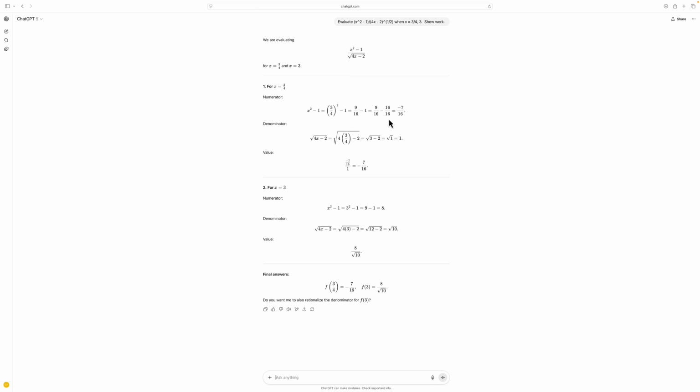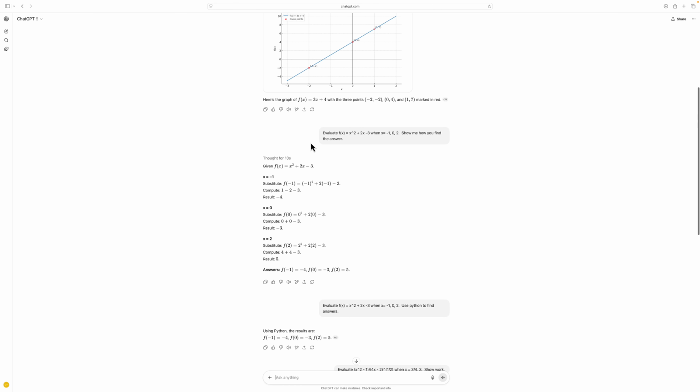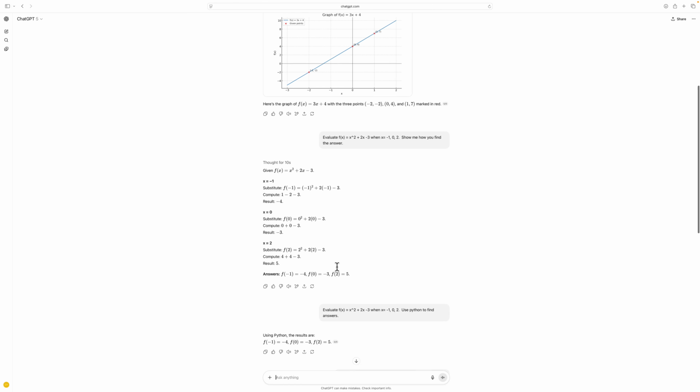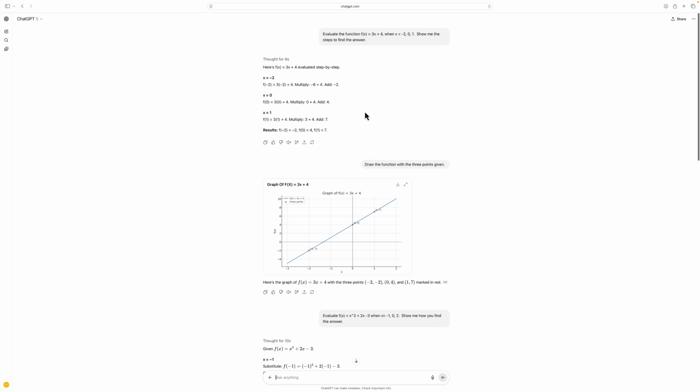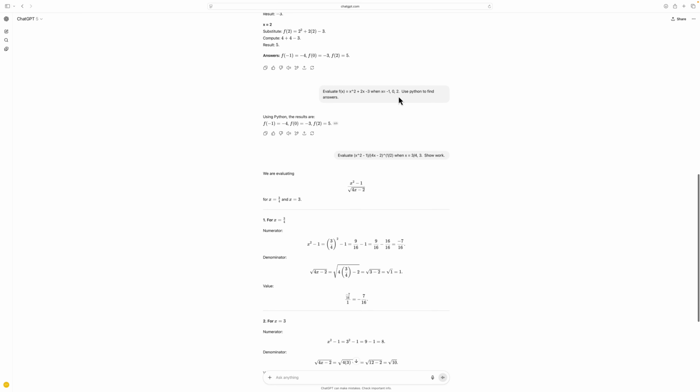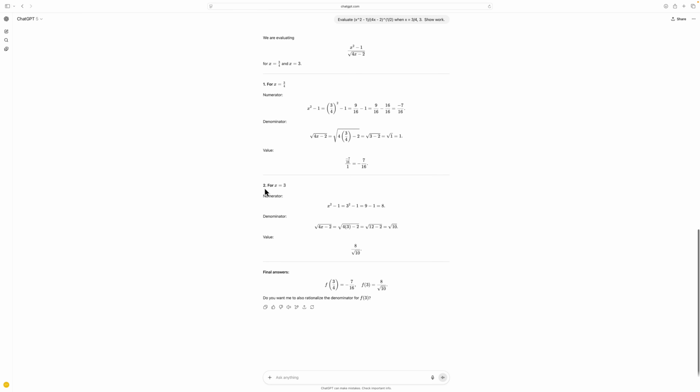Subtract 1, 16 over 16, that's nice. Show work seems to be a good key word. Better than this here, or this. I did say show me the steps. I'm going to copy this again. I'm going to say show work. But let's finish this one.